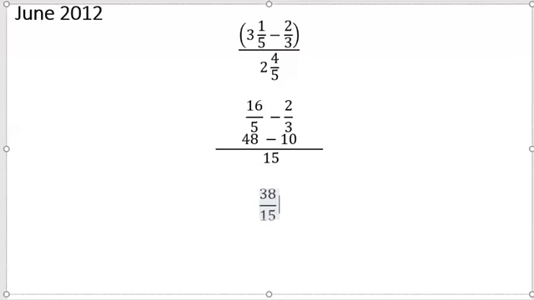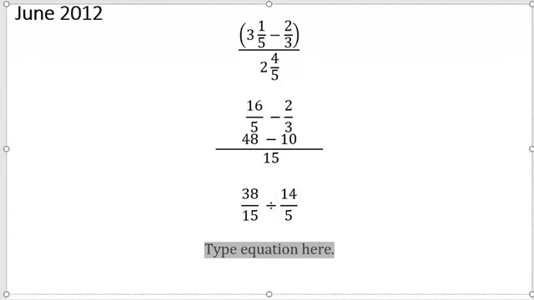by what was there, which is the 2 and 4 over 5, and we're changing that to an improper fraction. So what we have is 2 5s 10 plus 4, 14 over 5. And as we stated before, we do not divide fractions, so we change our division to multiplication.